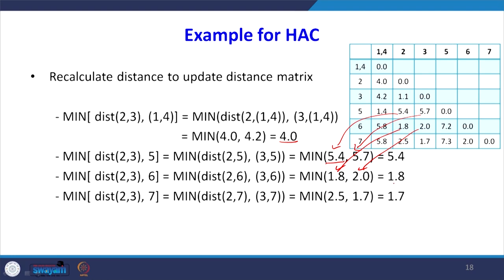So the minimum is 1.8. Now the last point is 2, 3 versus 7. So what we have to do is find the minimum distance of 2 and 7 and 3 and 7. Between 2 and 7 the distance is 2.5, and 3 and 7 is 1.7. So out of these the minimum is 1.7.